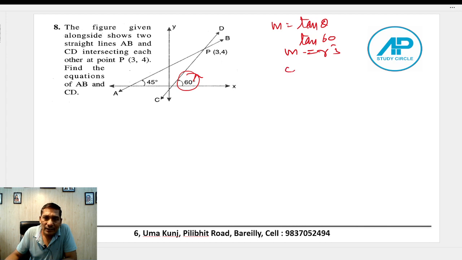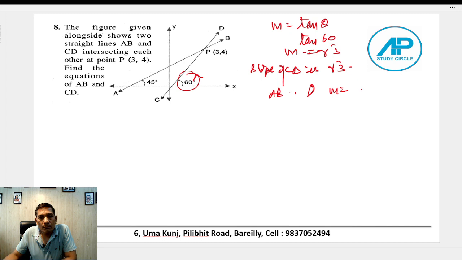Slope of CD is root 3. For AB now, m equals tan 45, m equals 1.